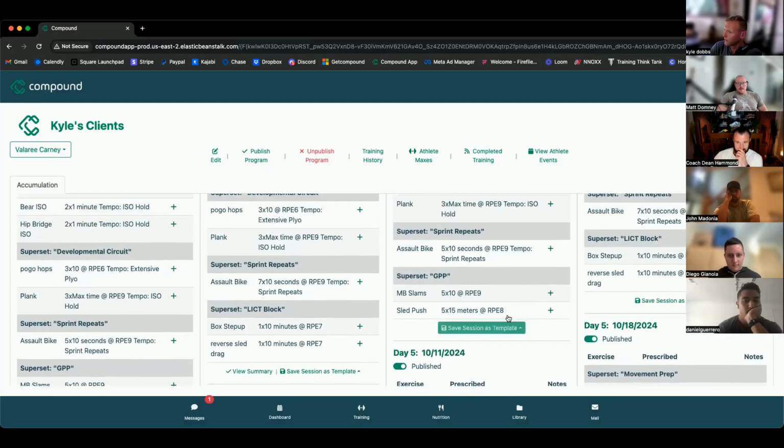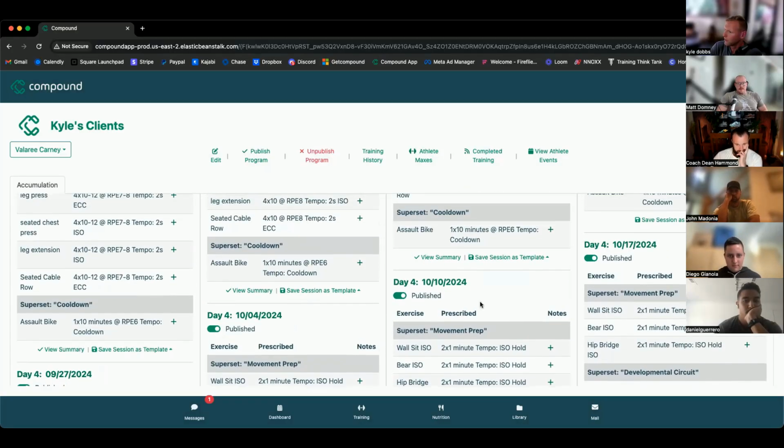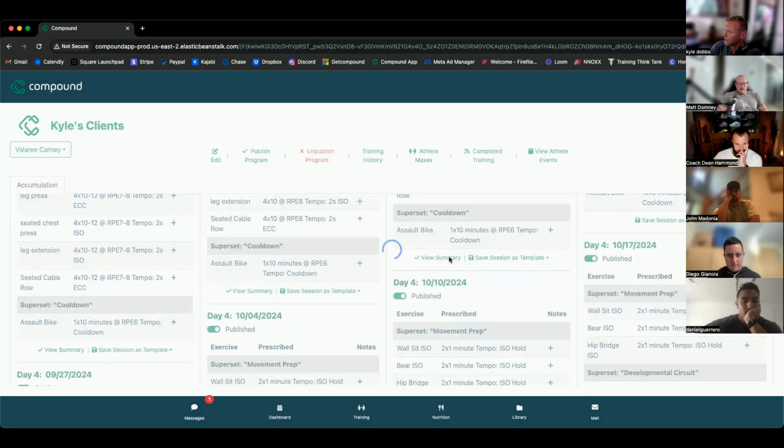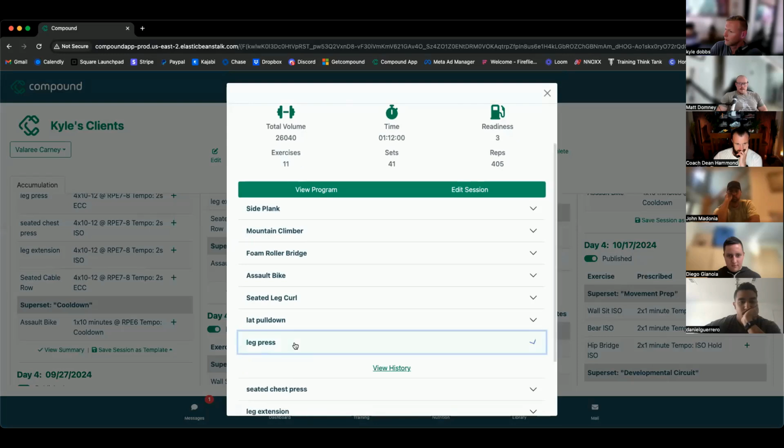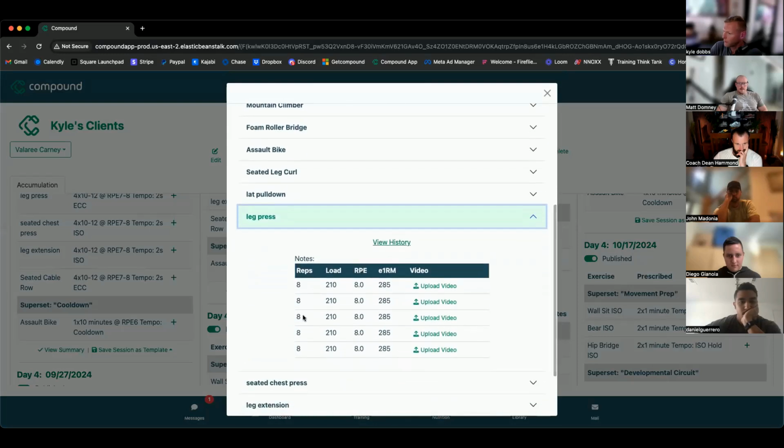So we'll look at day 3. We've progressed that to 40 reps at 210. That's a lot of change in 2.5 weeks.